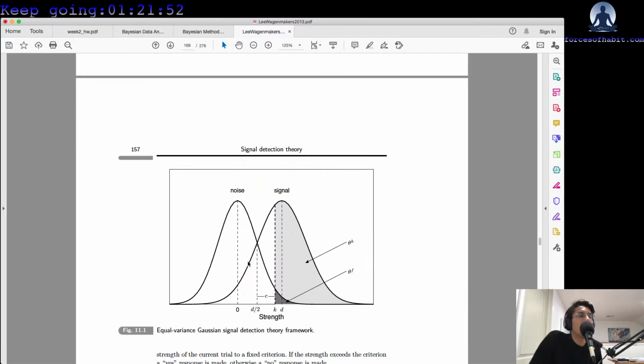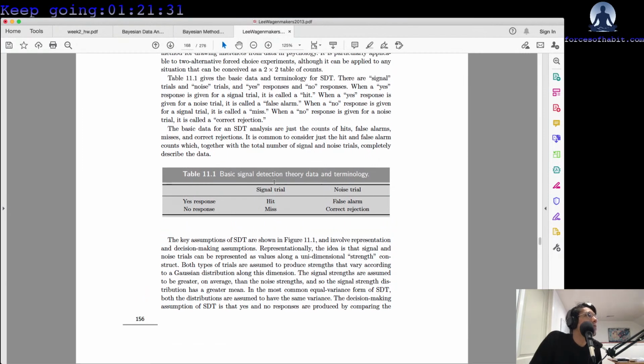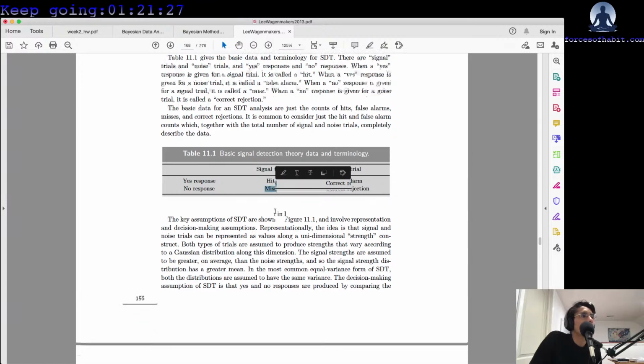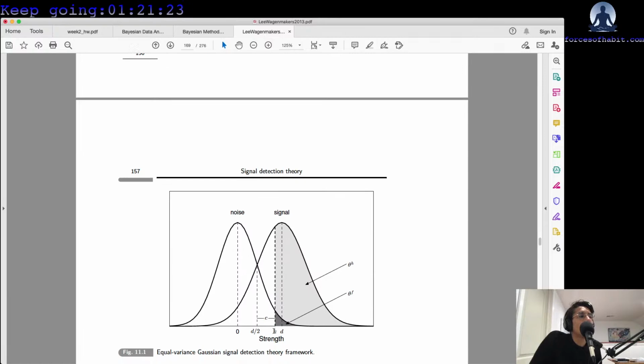And if we assume that noise is centered on mean 0 and holds equal variance to that of signal, I don't know if the variance assumption is needed for this, but d' is just the strength of discrimination between what would be considered noise, so a false alarm, a miss, maybe, a miss, and signal. So that's what d' represents.